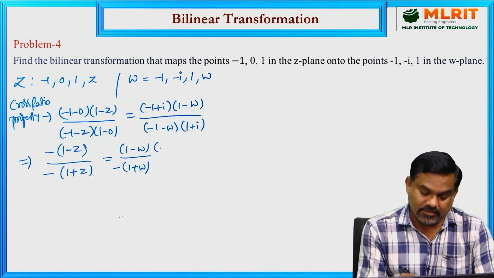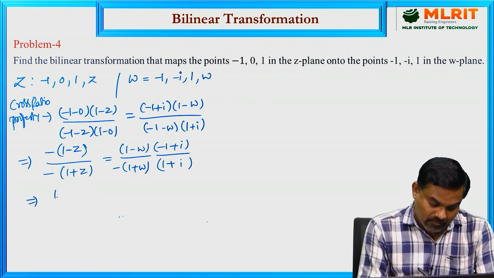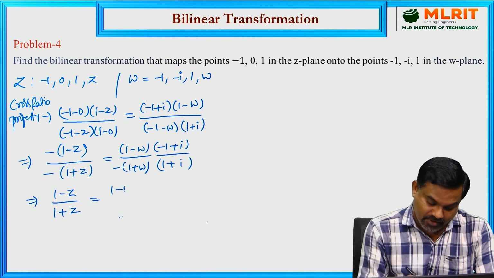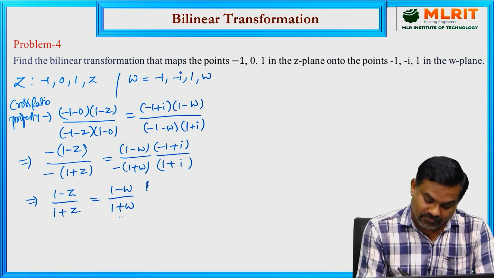This is minus 1 plus I by 1 plus I. So 1 minus Z by 1 plus Z equal to 1 minus W by 1 plus W. If you multiply with minus sign, so this will be 1 minus I, 1 plus I.